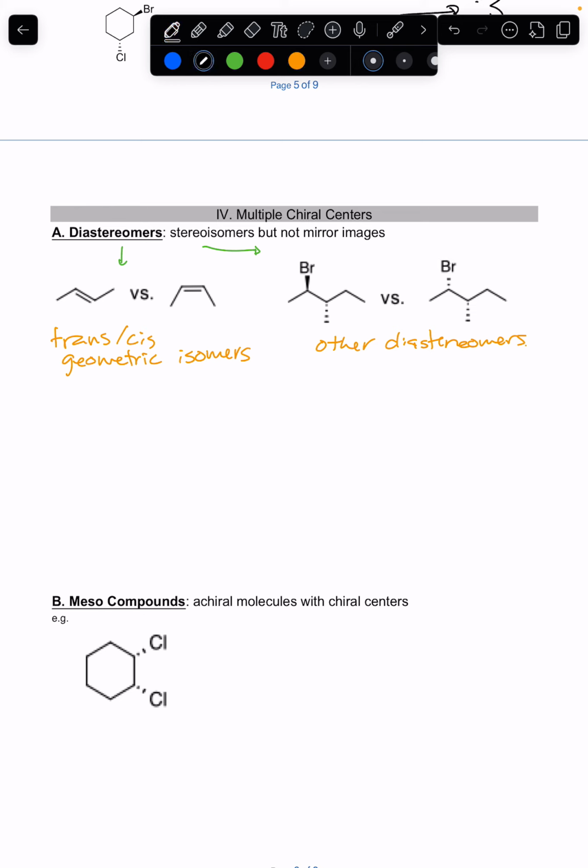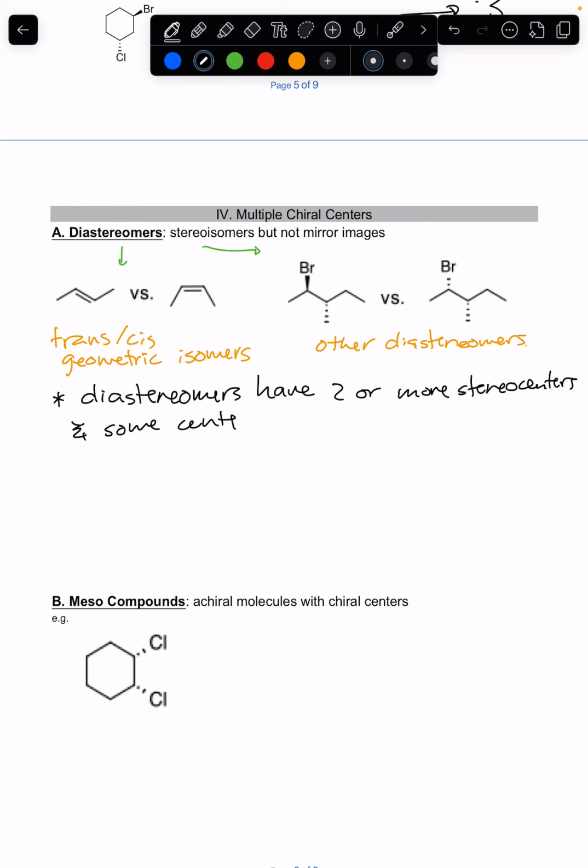Another way to think about that, that's equally true, is diastereomers have two or more stereocenters, and some of those diastereomers, not all, some stereocenters have the same configurations, but the rest are different.